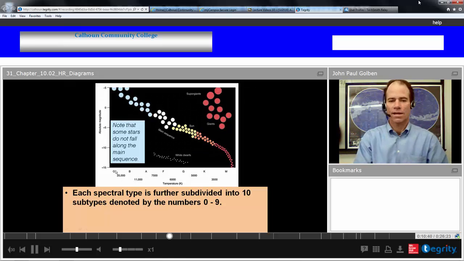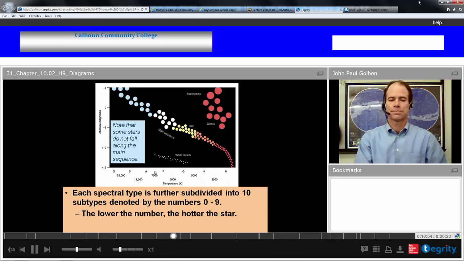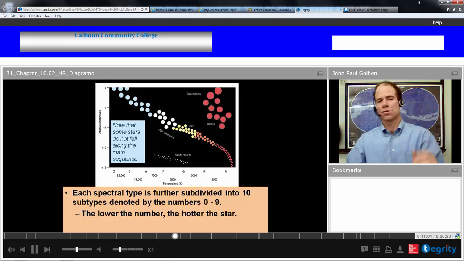So the hottest would be, say, O0, and then we get cooler as we get to O9, and then the next coolest would be B0, and up to B9, and then A0, and so forth and so on as we proceed to the right. The lower the number, the hotter the star. So 0 is the hottest, and we proceed to cooler down to 9.